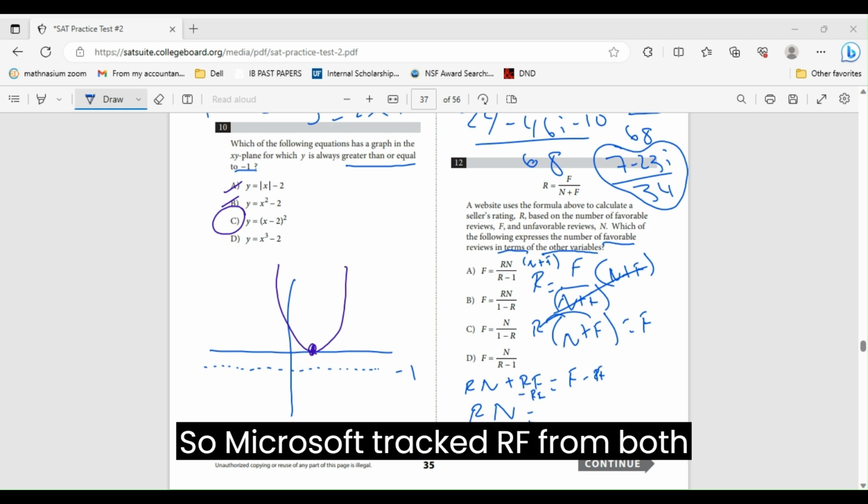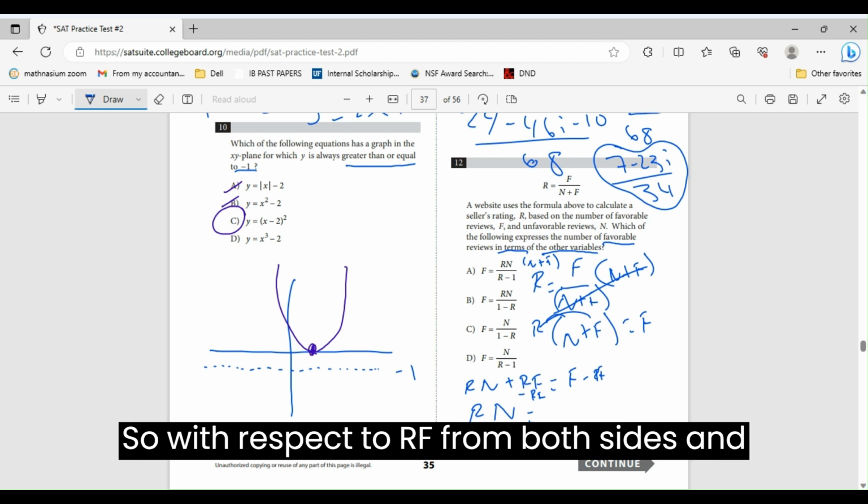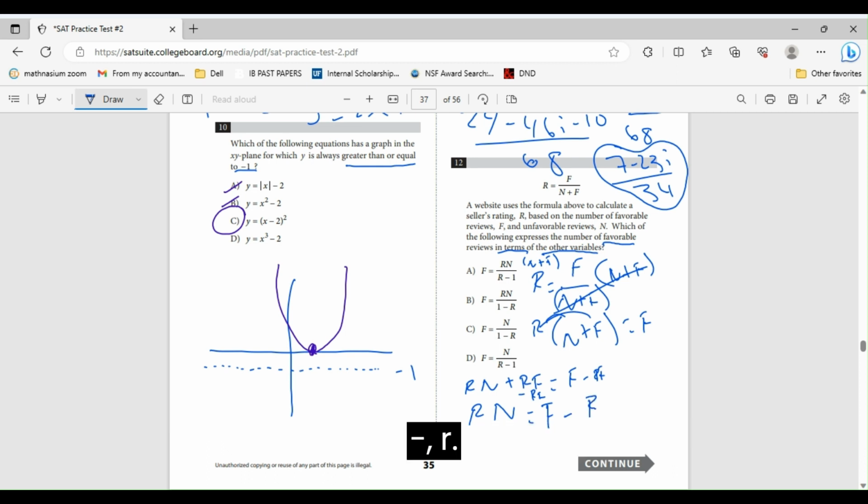So we subtract Rf from both sides, and then finally we get Rn equals F minus Rf.